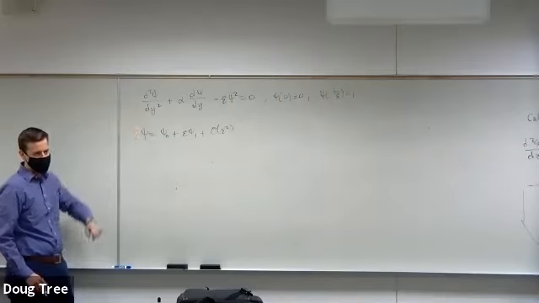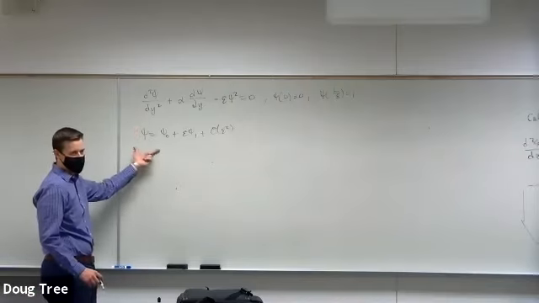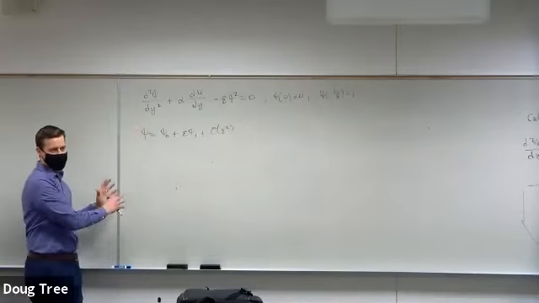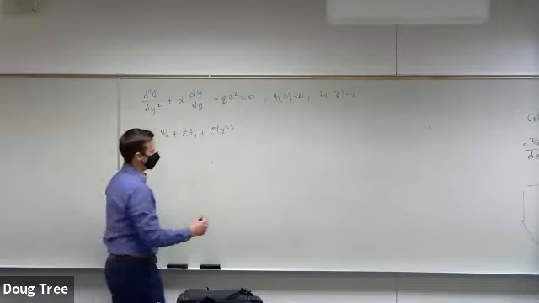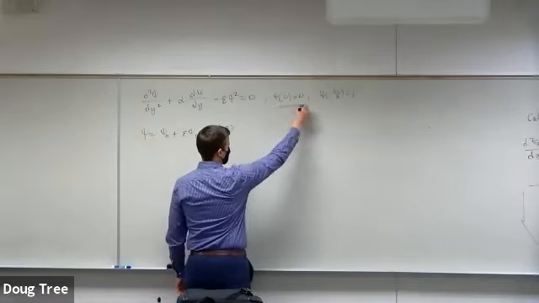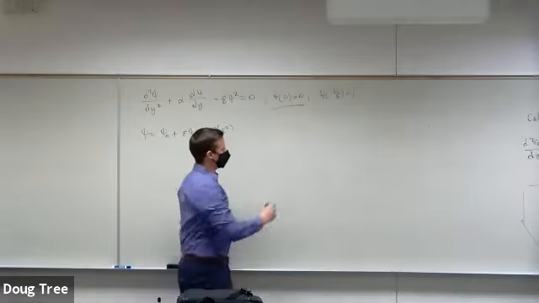Then we're going to see that this gives us a solution on the left-hand side. It's going to turn out that we can satisfy this boundary condition, and this one we're not going to be able to.